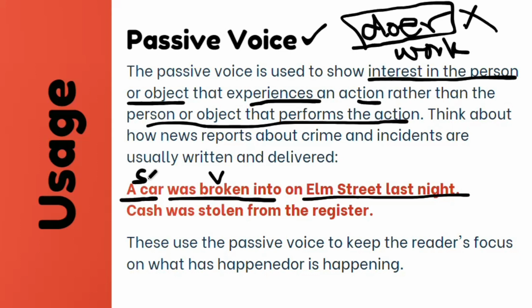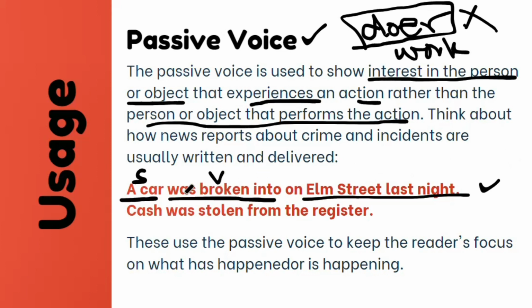There must be somebody who broke into the car, but we are not mentioning that because the writer of this sentence might not know who did it. So we can simply leave out the doer of the action, that is, who did the action of breaking into, and we make our sentence like this. A car was broken into on Elm Street last night.